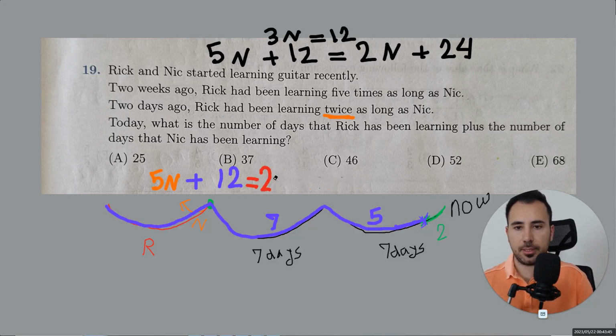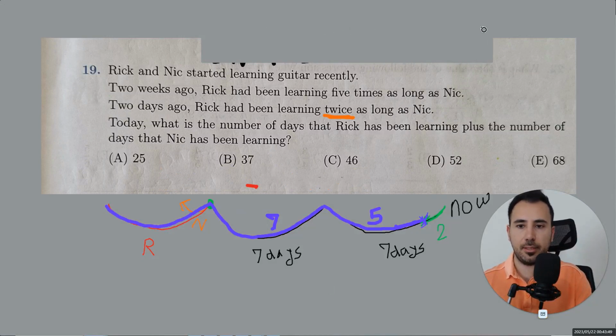Now let's go back to our graph. So n over here was only 4 days. So r was 5 of this. So that's going to be 20 days, 4 times 5, 20 days. So today, what is the number of days that Rick has been learning plus the number? So all of the graph.